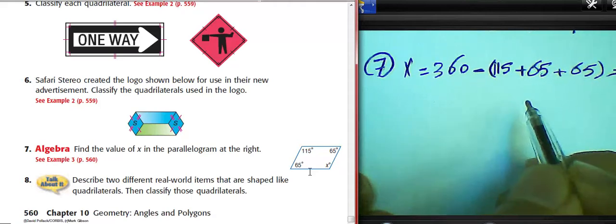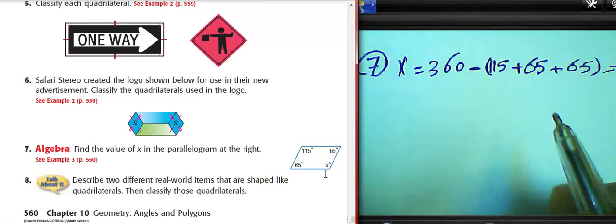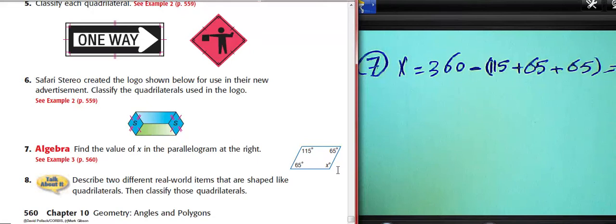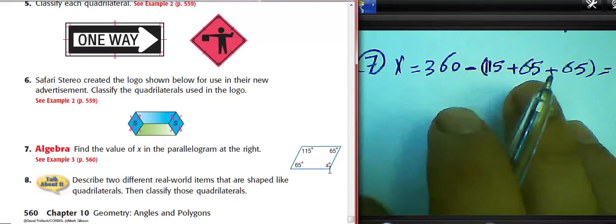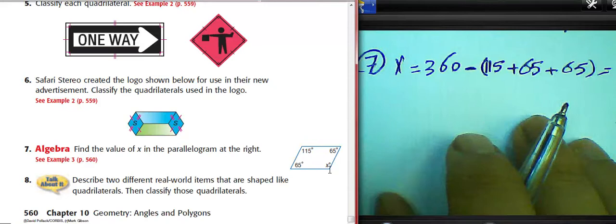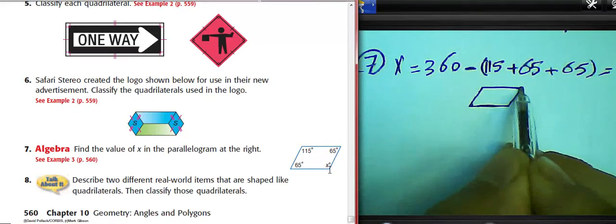Or you can find the result by properties. We know it's a parallelogram. Each opposite angle are equal in measure, so x will be 115 without using this step. About question number 7, we can find the angle of x directly because it's a parallelogram.